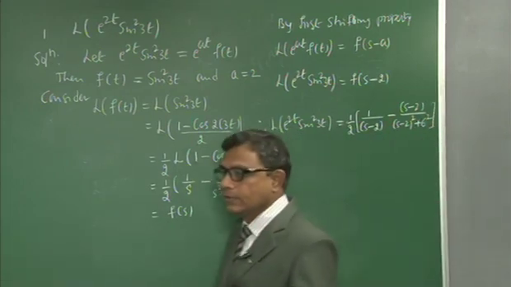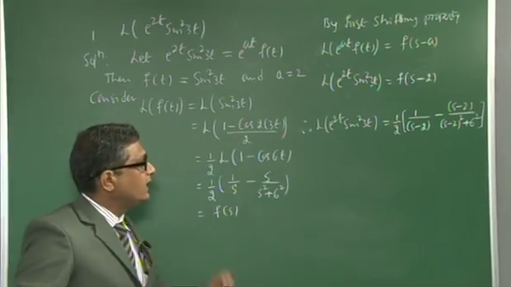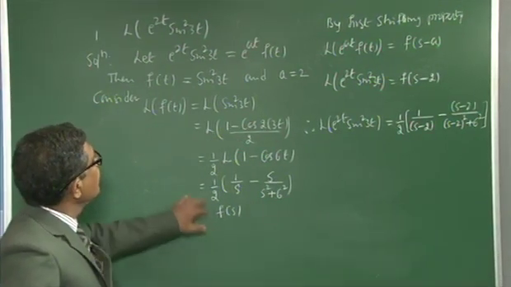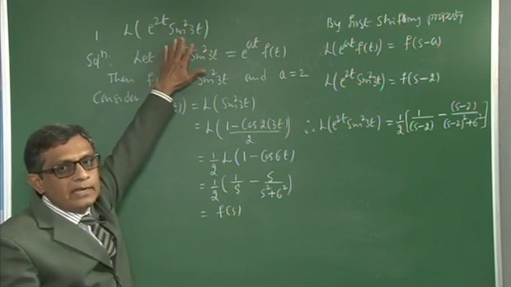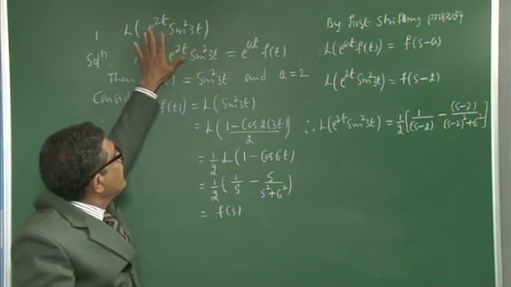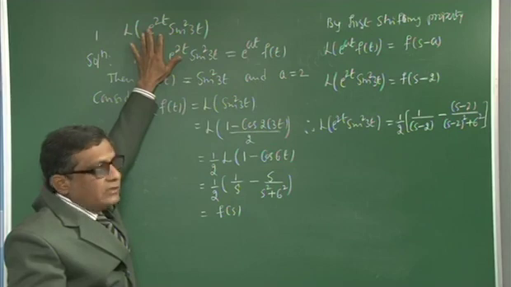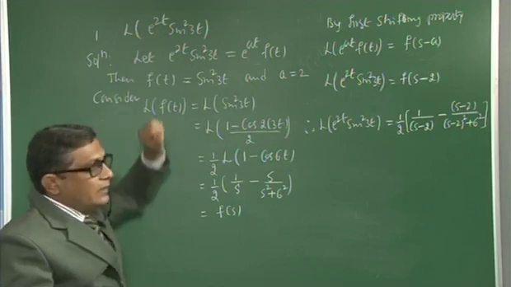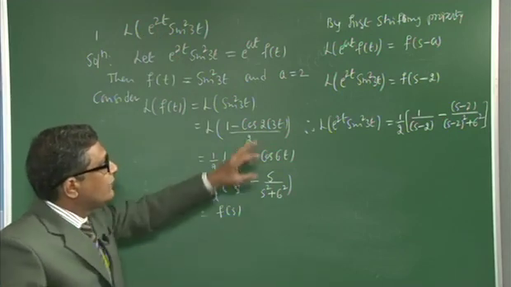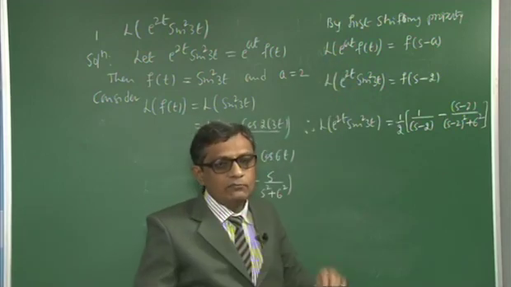Now like this you have to do the problem. Whenever the function is multiplied by the exponential function, you have to use the first shifting property formula.